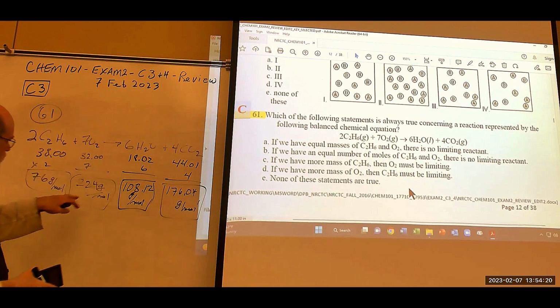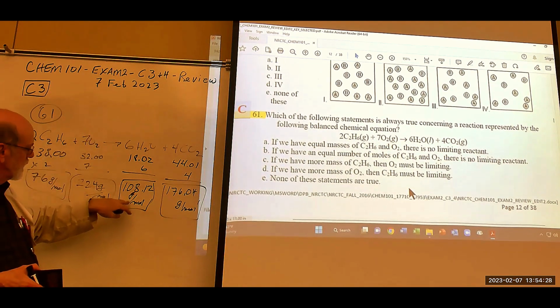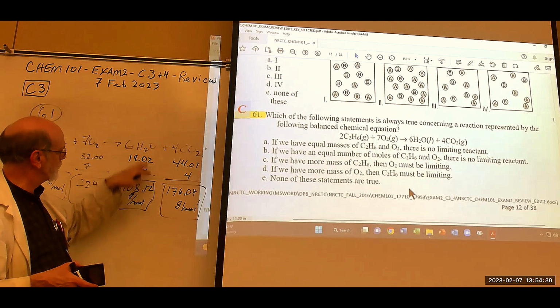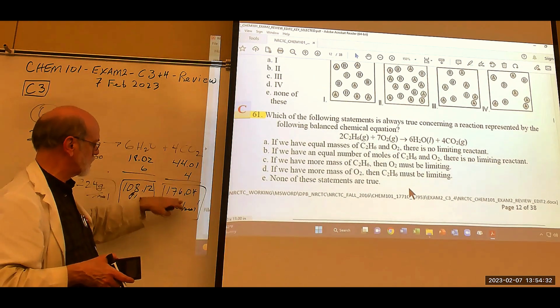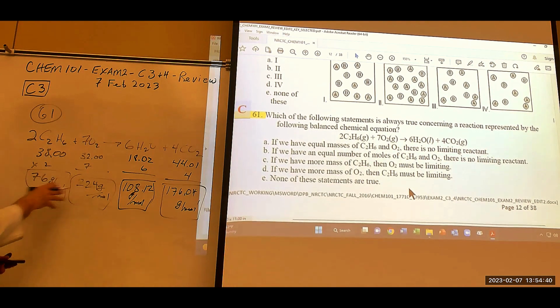So these are the stoichiometric mass ratios. 60.16 grams of ethane plus 224 grams of oxygen yields 108.12 grams of water and 176.04 grams of CO2. Now let's see if that's right. If we did that right, then the total of this should equal the total of that, right?